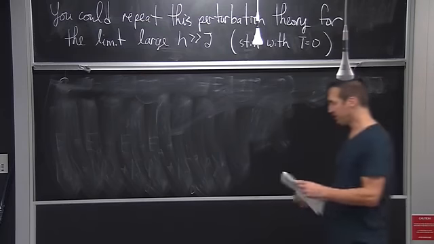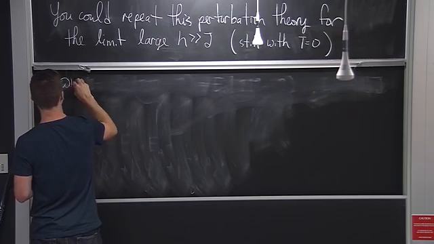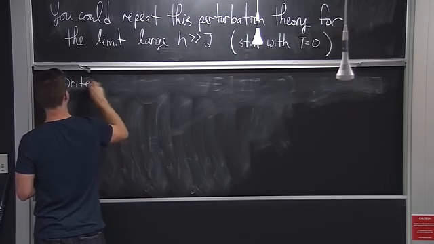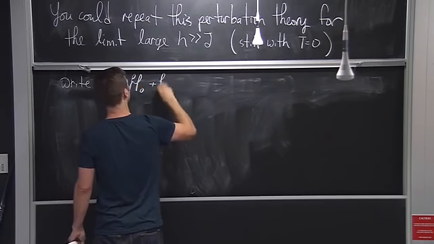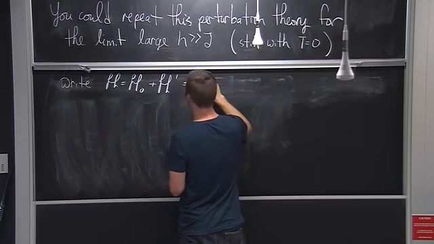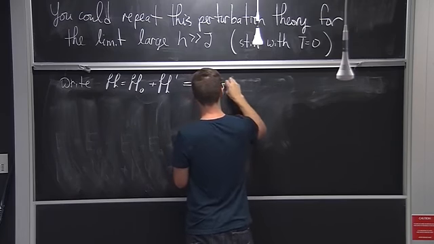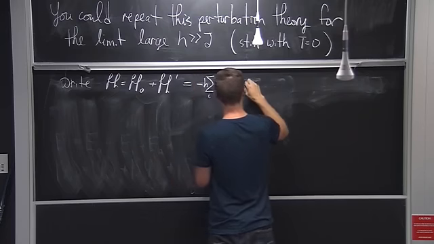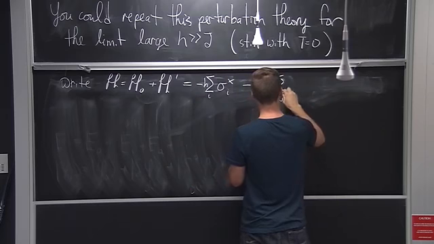So I won't do it, but if you did that calculation, you would write the Hamiltonian basically just in the other order. So transverse field, and then Ising term.